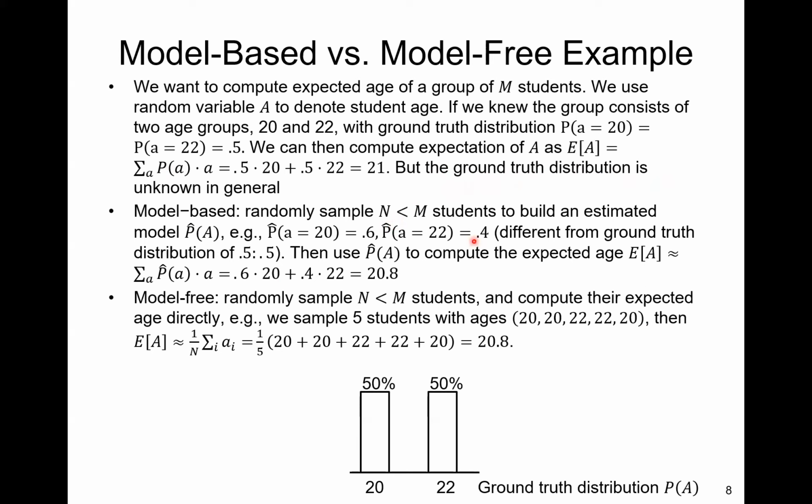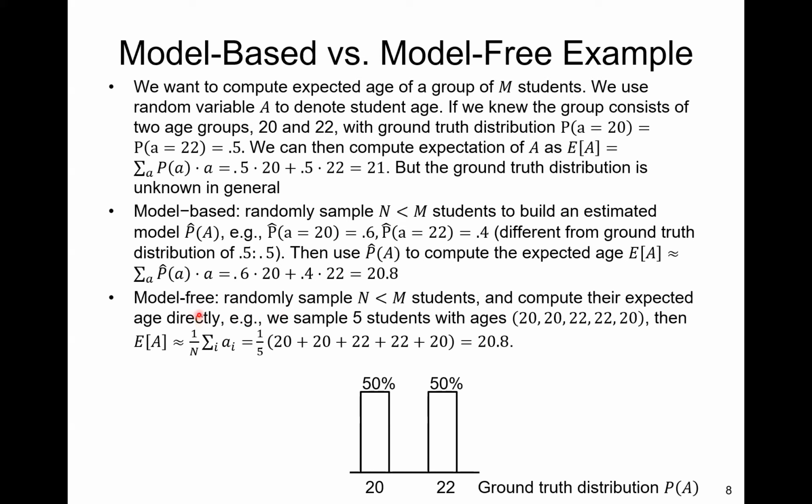If it's model-based, you randomly sample n students to build an estimated model p hat. For example, p hat for age 20 is 60%, age 22 probability of 40%. Notice that this estimate is different from the ground truth distribution of 50-50%. And then you use the estimated p hat to compute the expected age, which is 20.8. Not exactly correct, but it's the estimate.